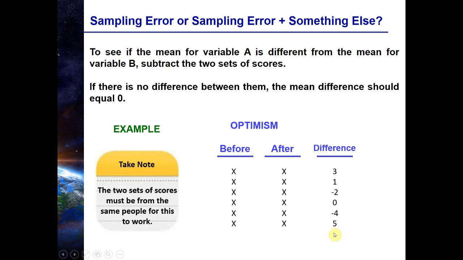But there's going to be some sampling error. So even if it's not exactly 0, as long as it's close to 0, we're still going to say, oh, that's probably just sampling error. So how do we know if it's close enough to 0 that we're going to say it's just sampling error?